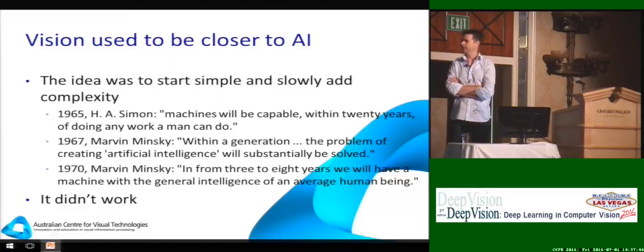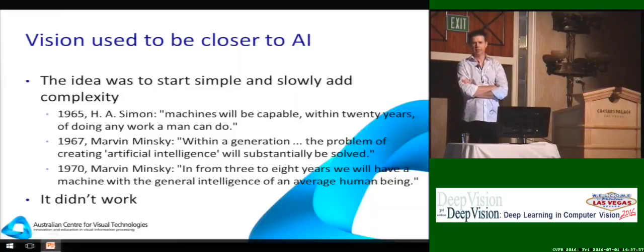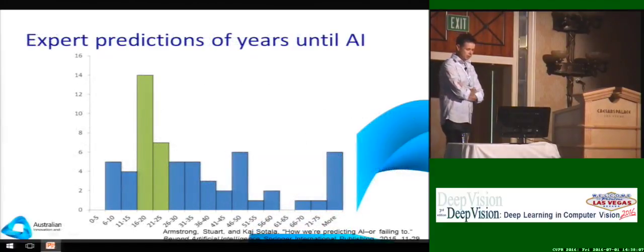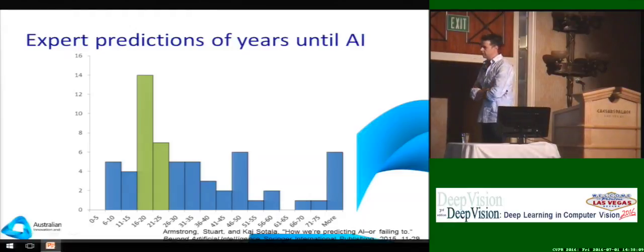It turns out that starting with a simple idea and slowly adding complexity doesn't work as a strategy, at least in this kind of problem. Maybe there's a hell of a lot of fantastic engineering that comes from reductionism, but for AI it turns out that you can't start with simple and make it more complicated. And there's been a bit of discussion about this over the conference, right?